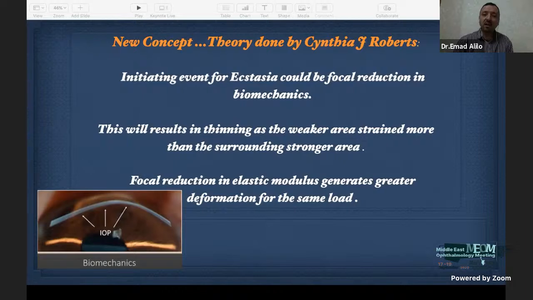This will result in thinning in the weaker area because it's strained more than the surrounding stronger area. And the focal reduction in the elastic modulus generates a greater deformation for the same load. So here was the beginning of the introduction of biomechanics and the elastic character of the cornea in determining its susceptibility to ectasia later on.